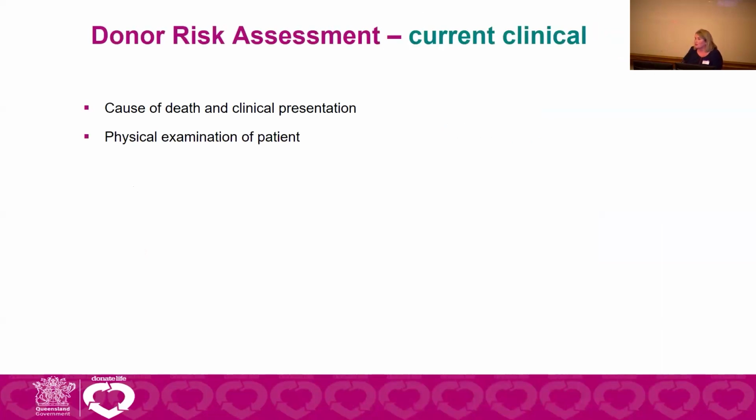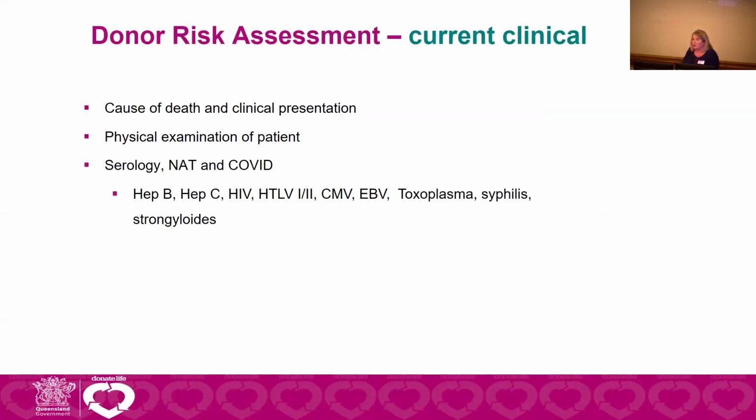We then look at cause of death and clinical presentation, and do a thorough physical examination of the donor from head to toe: within the hair, behind the ears, absolutely everywhere, to see if there's anything of note. We do serology, NAT and COVID testing on all donors.